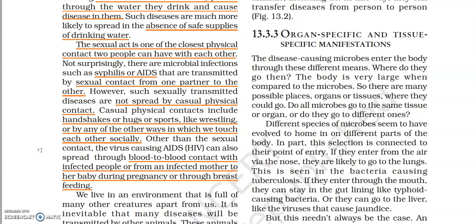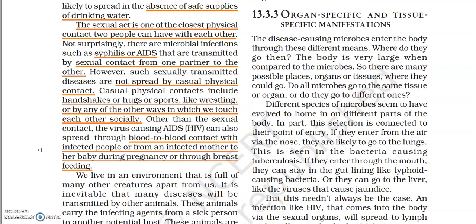So if the mother is HIV positive, then there are highly likely chances, in fact, that the baby which the mother is carrying in her womb can also get this AIDS disease.